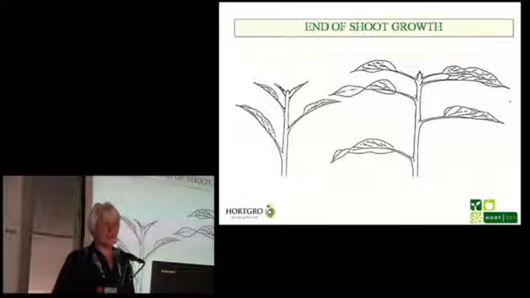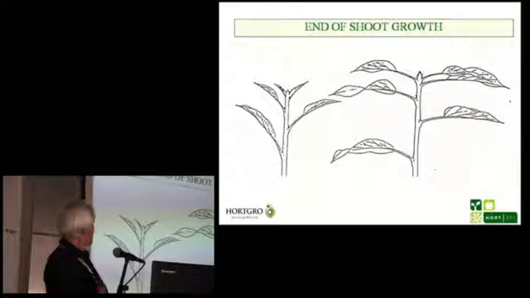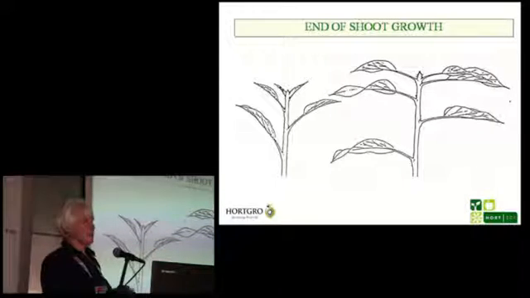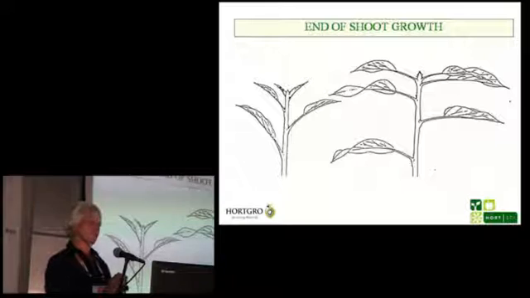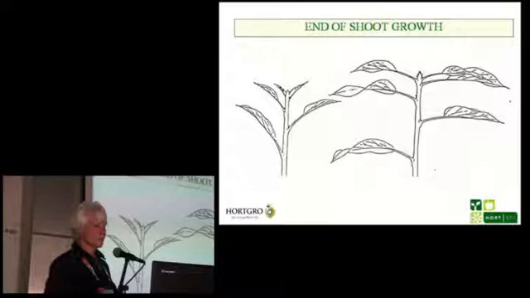Okay, I'm not going to spend a lot of time on the end of shoot growth. What we normally see is an active growing shoot like this. Those last leaves will develop into full-size leaves, but all the new little leaves that the meristem is forming will actually develop into bud scales, and a new bud will form in the terminal position as well as in the axils of these leaves, and those will be the buds that will grow out in the following spring.